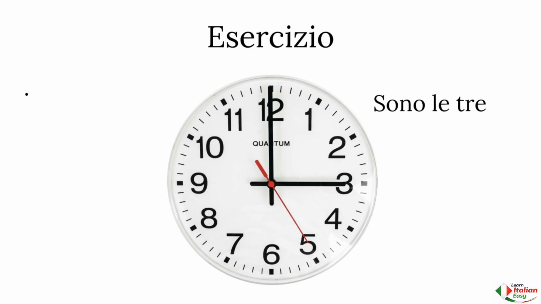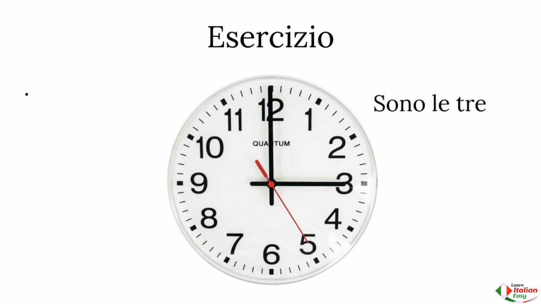Okay? Also, another important thing that I have to tell you about the time in Italy is that we don't use AM and PM. So, for example, sono le tre could refer to 3 a.m. in the morning or 3 p.m. Normally, you can understand if you're talking about 3 a.m. or p.m. from the context, okay?